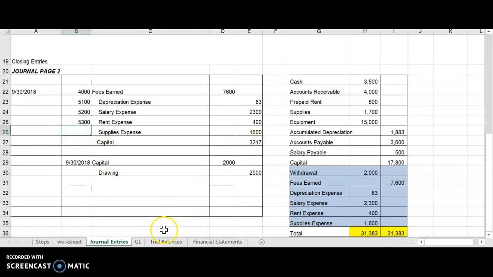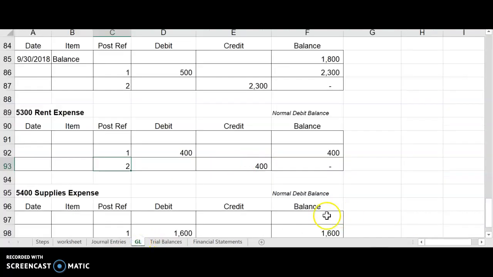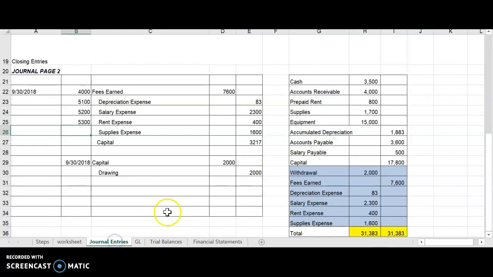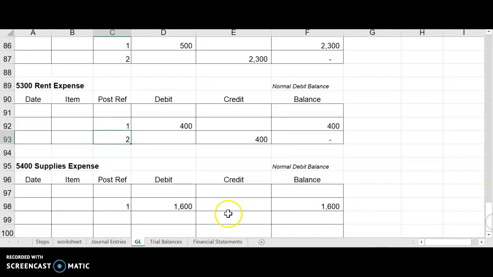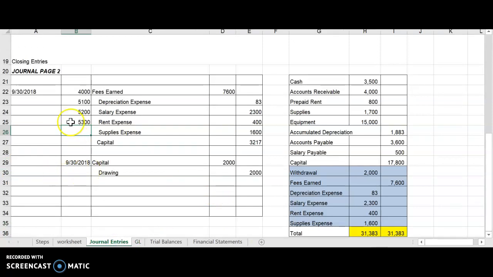Supplies expense, a credit for 1,600. So this would zero this out, and it came from journal entry page 2, and this is account 5,400.